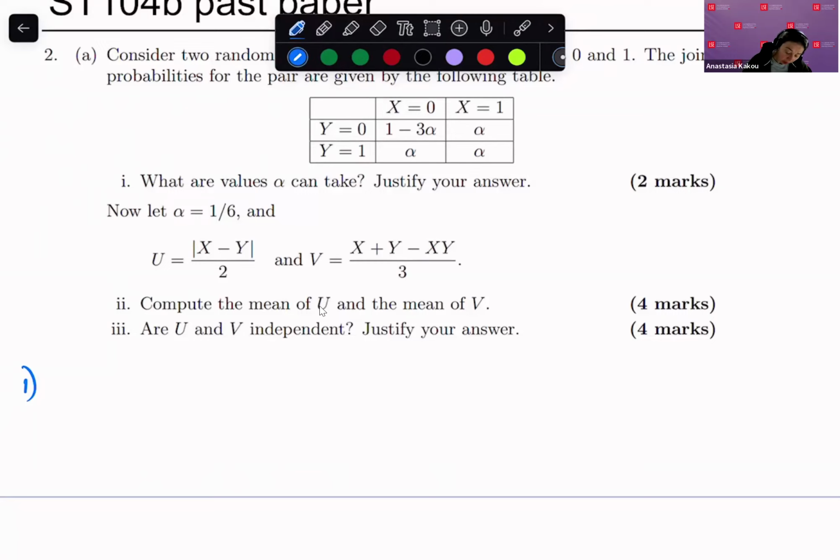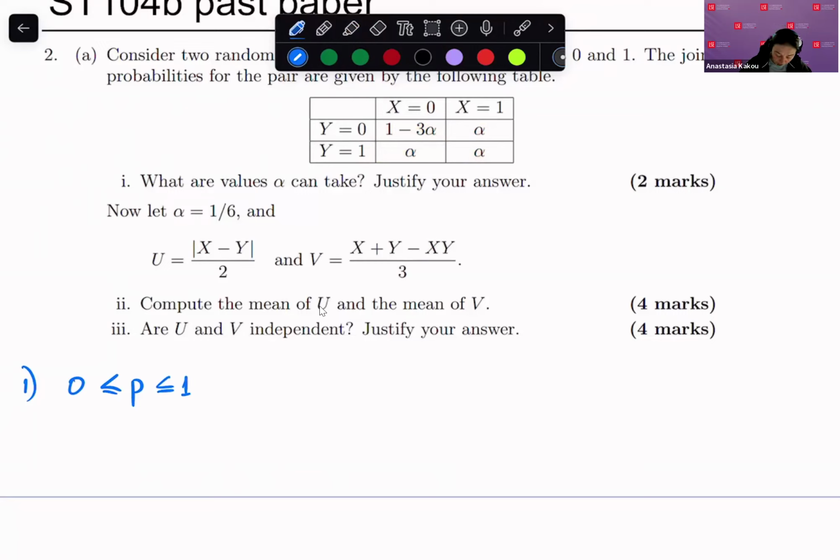In this case, if you add all these values, it gives you 1, but that doesn't help you calculate alpha. So what you should do is check the other property, that any probability should fall between 0 and 1.